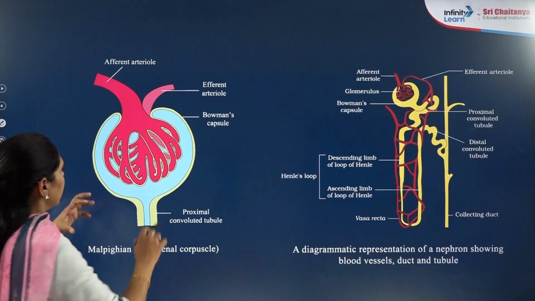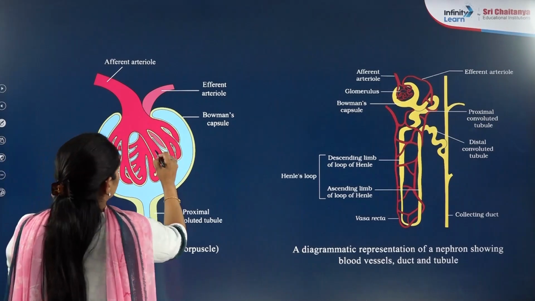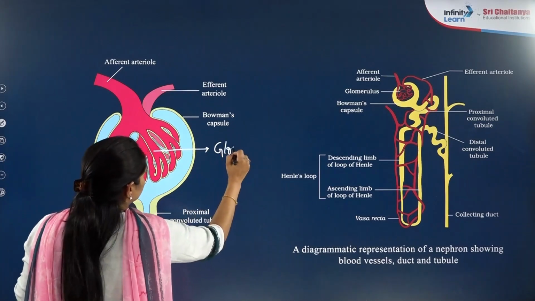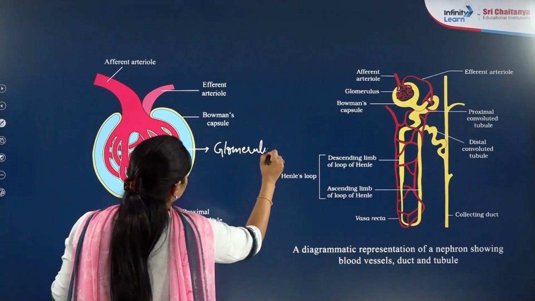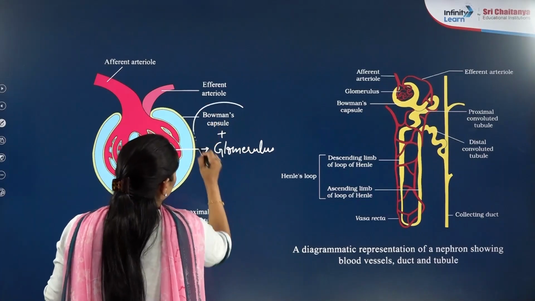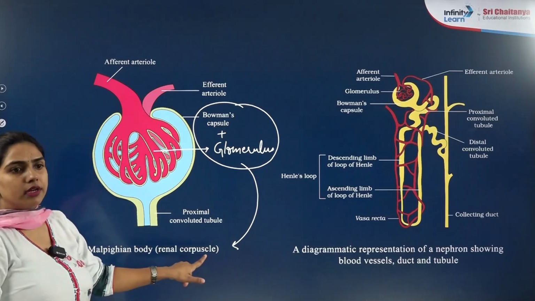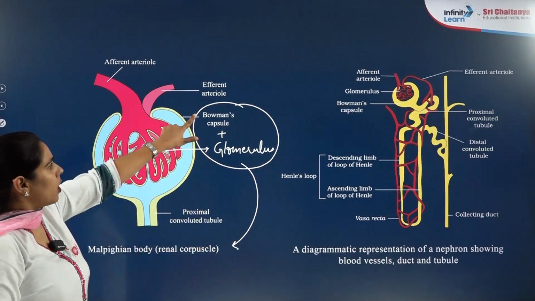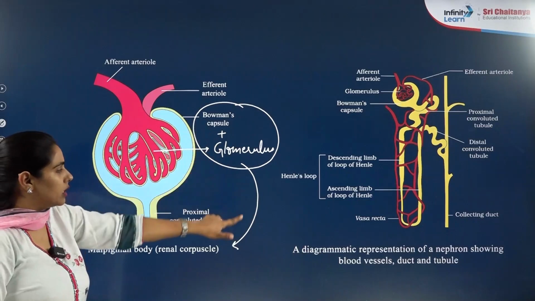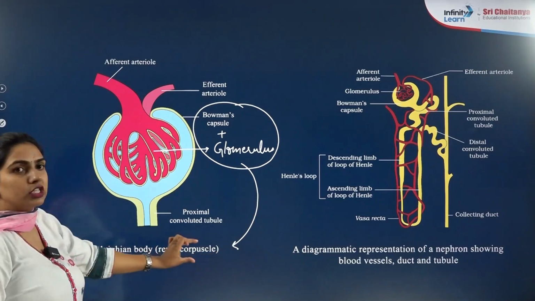How is it formed? This is the glomerulus here. Glomerulus plus Bowman's capsule makes the Malpighian body or renal corpuscle.